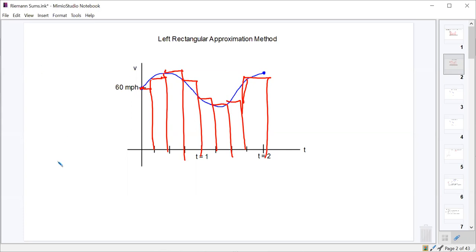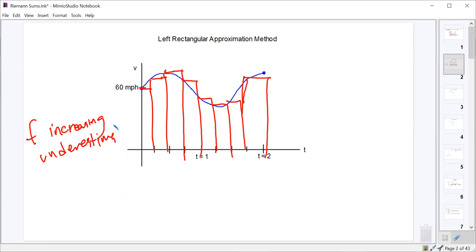Sometimes. What do we remember about left rectangular approximations? First off, when our function is increasing, what does our left approximation do? Yeah, if our function is increasing, it should be an underestimate.